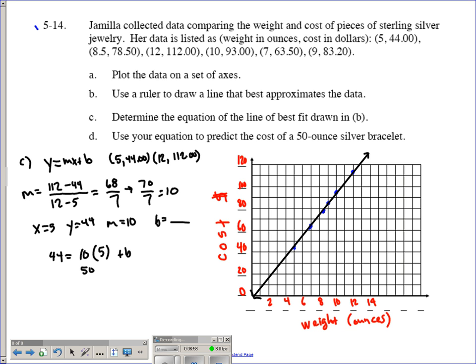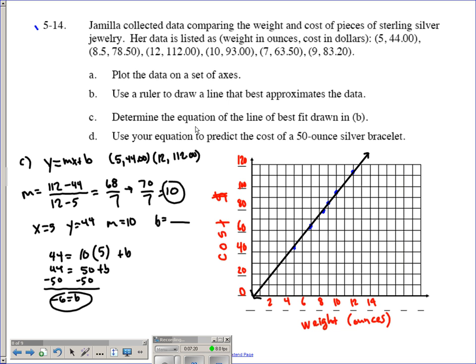So we get 50 plus b equals 44. Let's subtract our 50 from each side. We get -6 equals b. That's our y-intercept. So if our slope is going to be 10, our y-intercept is going to be -6.